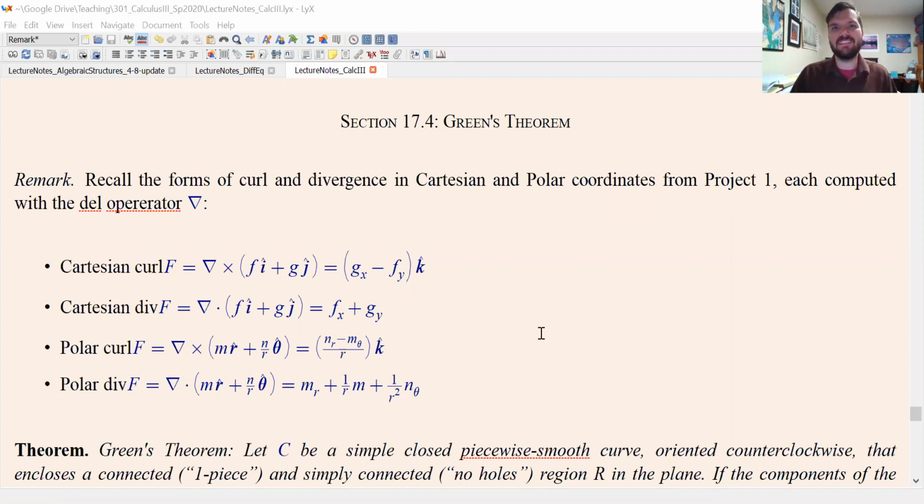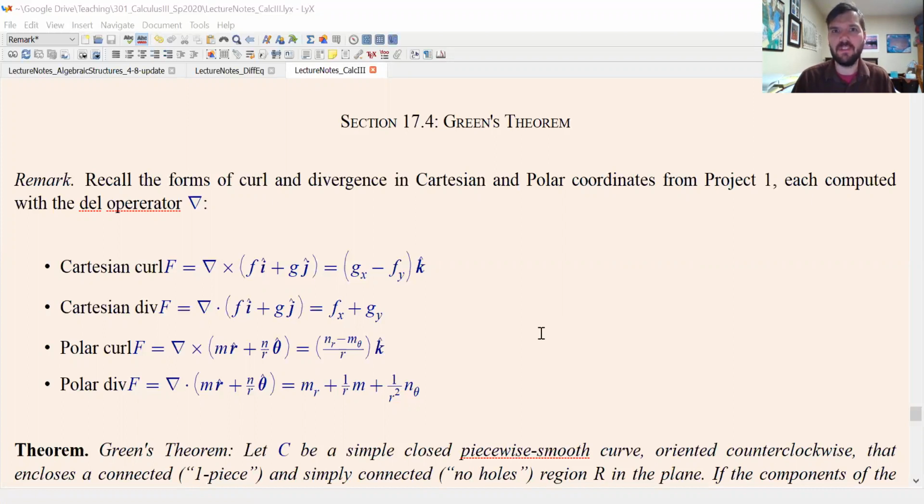We're now going to look at section 17.4, which ties up line integrals with double integrals. It circles back to our double integrals in chapter 16. And this is the section on Green's theorem.